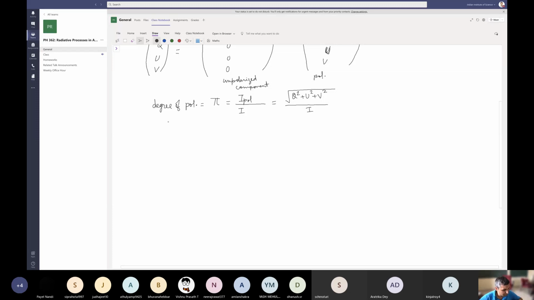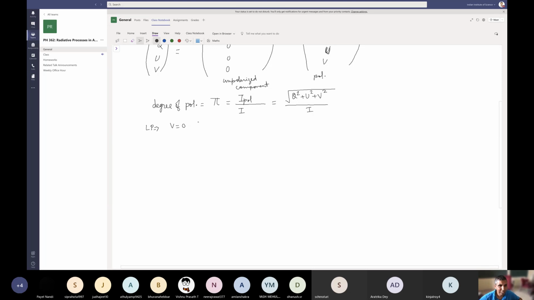There is an example given in the book: if you have only linear polarization, that means your V is equal to 0. So in the Poincare sphere, you lie in the mid plane. That's what linear polarization is.